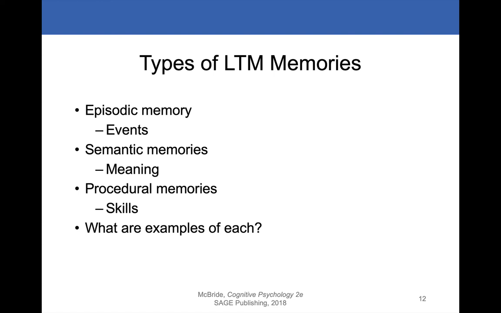But over time, you got better and you increased your skills. Even simple skills like riding a bike, how to cook a scrambled egg, all of these different things are different types of procedural memory for different skills.